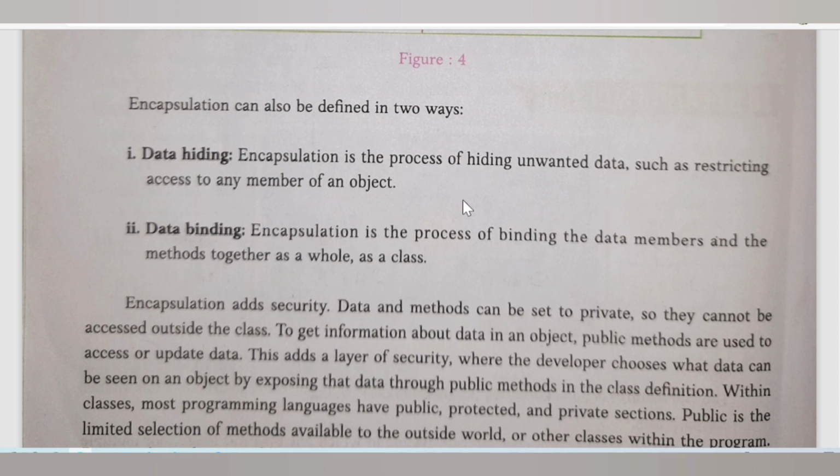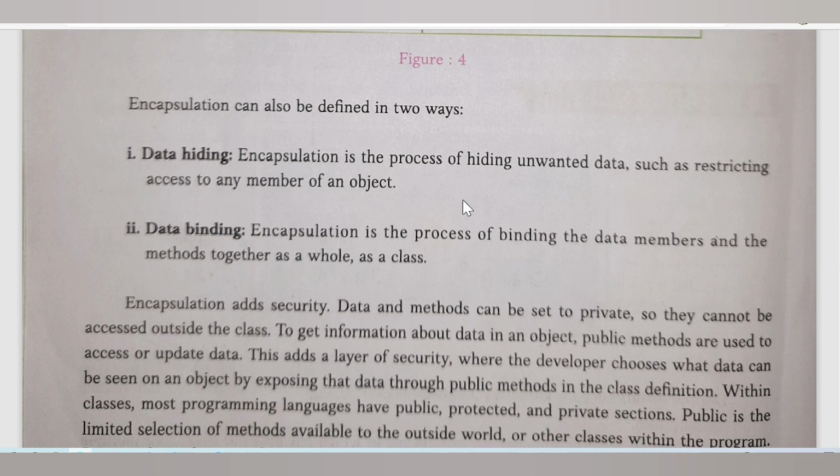To get information about data in an object, public methods are used to access or update the data. It adds a layer of security where the developer chooses what data can be seen on an object by exposing the data through public methods in the class definition.